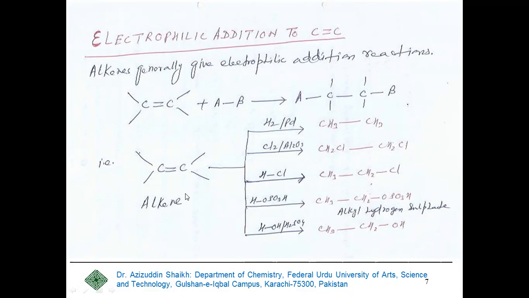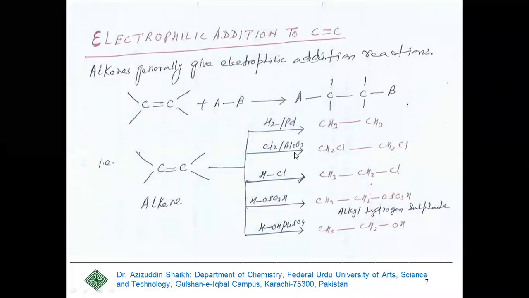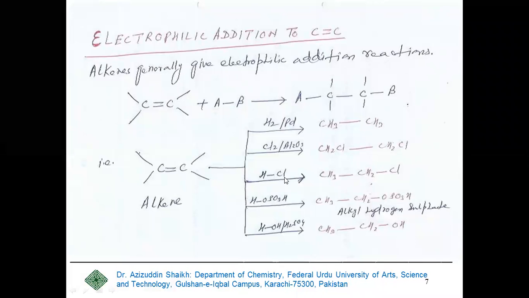Since alkene has a double bond, it usually gives various types of addition reactions. Hydrogen in the presence of palladium, a transition metal catalyst, will be added. Chlorine is added in the presence of alumina, Al2O3, as the catalyst. Halogen acids, HCl, HBr, HI, will be added and an alkyl halide will be obtained.